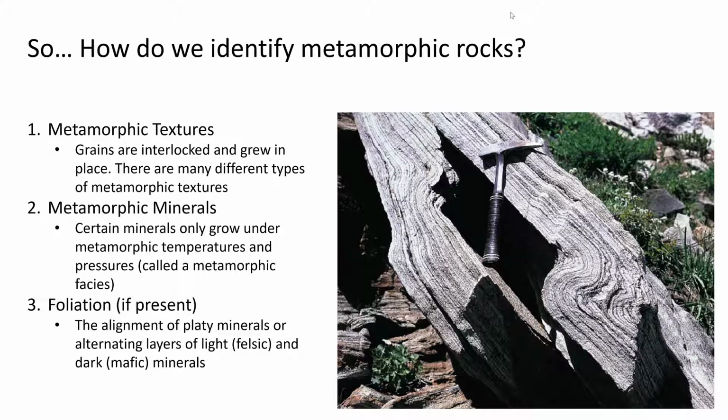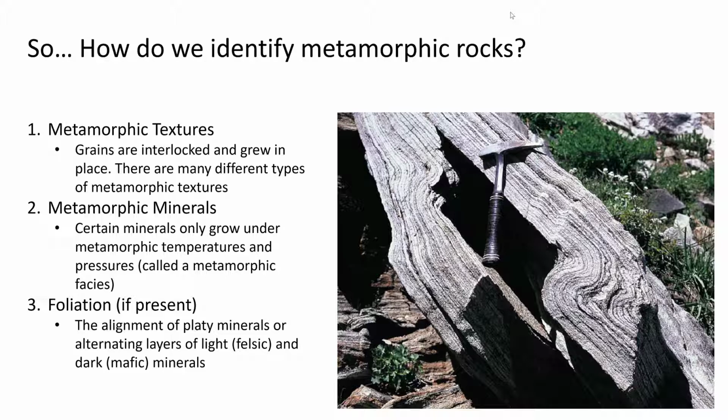So after all this, you're probably wondering, how do we actually identify metamorphic rocks? The three key points to remember are metamorphic textures, metamorphic minerals, and foliation if present. For metamorphic textures, we have different sizes and interlocking characteristics of grains to consider. As we've talked about, there are many different types of metamorphic textures.